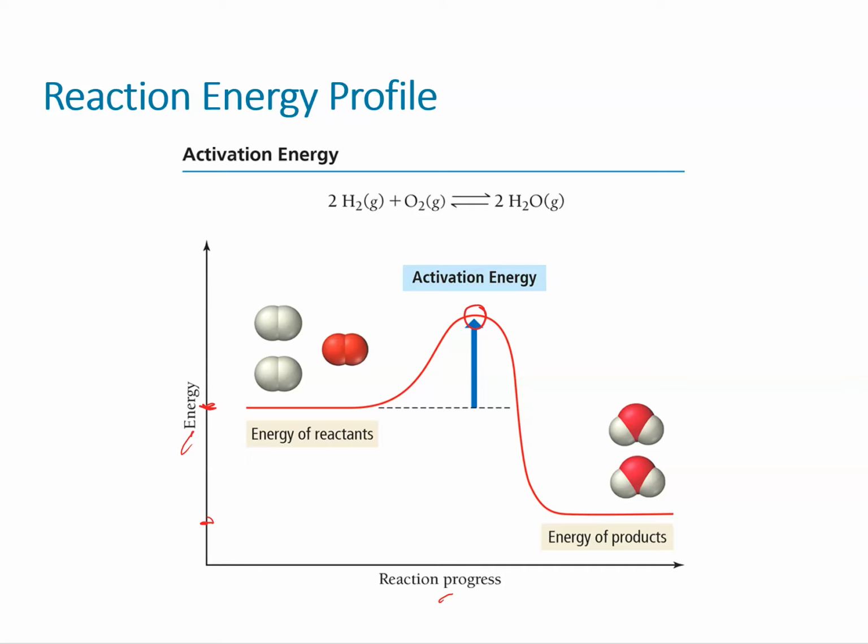Notice we're dealing with these arrows. One forward arrow, one reverse arrow. This is indicative of an equilibrium system, which we'll be describing in a lot more detail in upcoming chapters. But the reason we have this equilibrium system is because at this point, you can have a fate where it returns to the way it was, or you can have a fate where it forms something new.